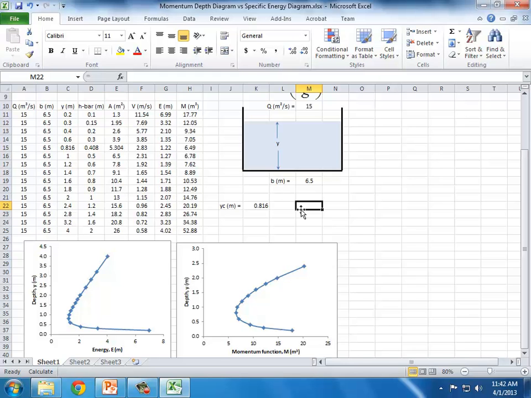Sometimes the water depth changes rapidly. And so the momentum depth diagram is used in rapidly varying flow.